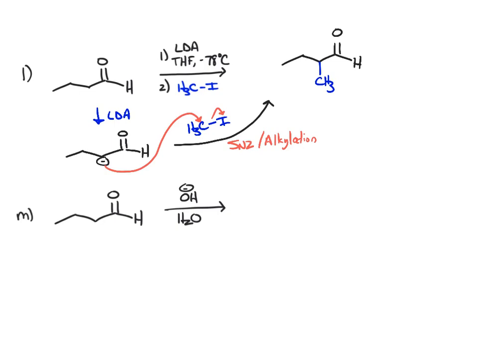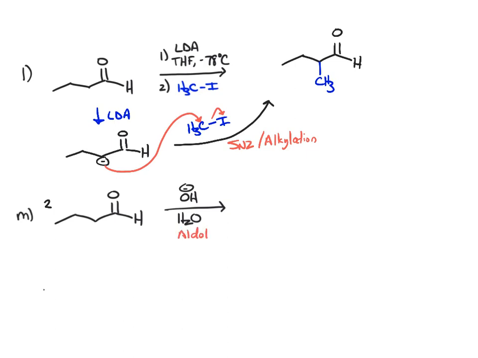And in this final product, we're reacting butanal with hydroxide and water. And what you need to keep in mind is you're not going to have just one molecule of butanal reacting. You're going to have many molecules, so you can certainly have two that will come together. This will be an aldol reaction.